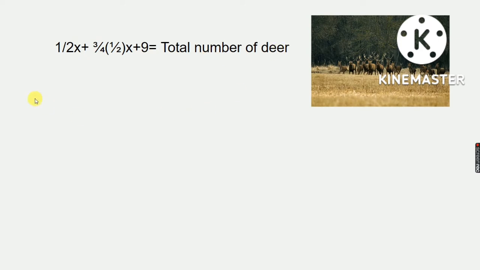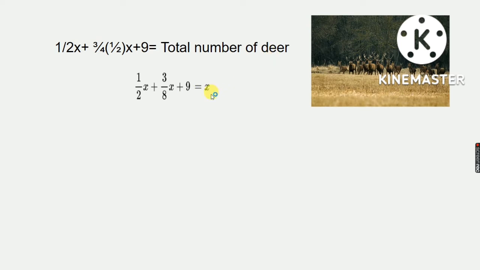Now solving this, we got 1 upon 2x, 3 multiplied by 1 is 3, 4 multiplied by 2 is 8, so 3/8x, plus 9 is equal to the total number of deer, which was x. So we wrote it here as x.